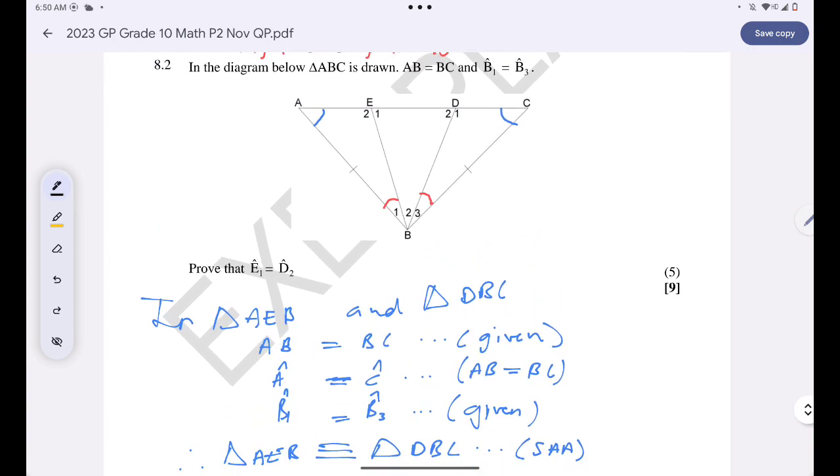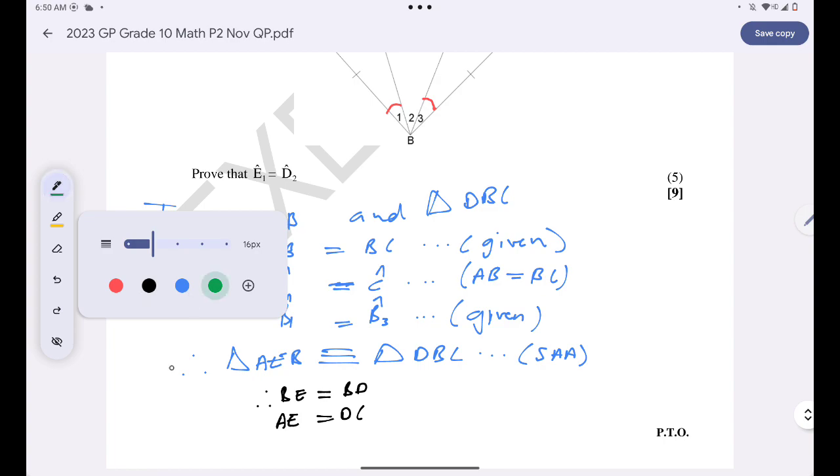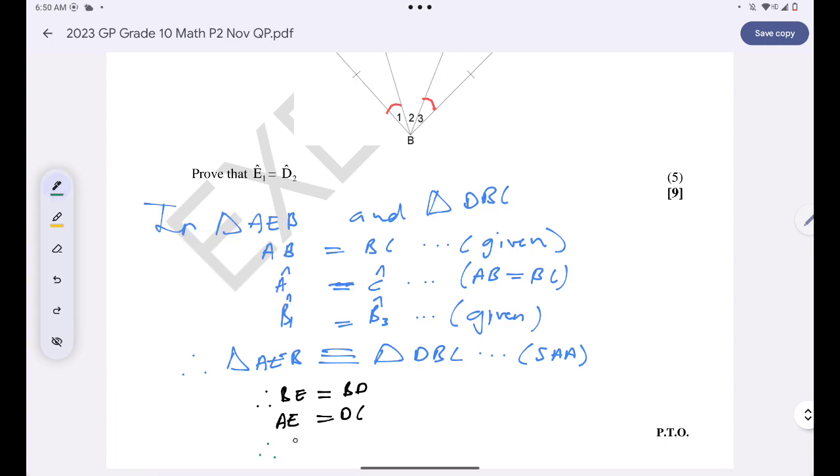And I can also state that E2 is the same as D1. This one was the one I should have written. The other two are not important, guys, hence I'm writing them in black. So I can therefore say angle E1 is the same as D2.